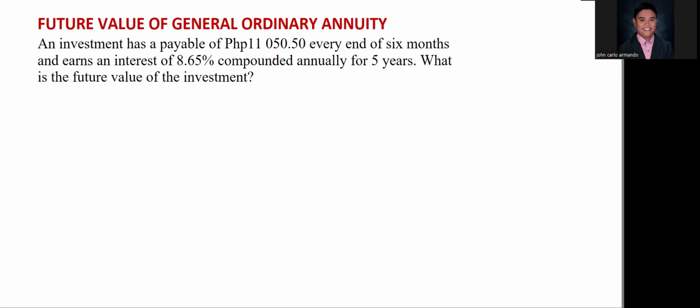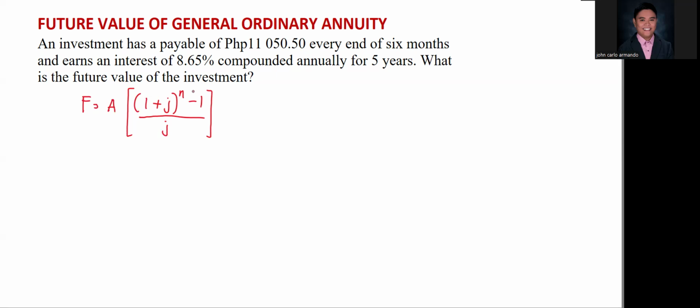And what is our formula for the future value of general annuity? That is F equals A, the regular payment, times (1 plus J) raised to N, minus 1, divided by J. J is the rate, N is the number of payments, and A is the regular payment.